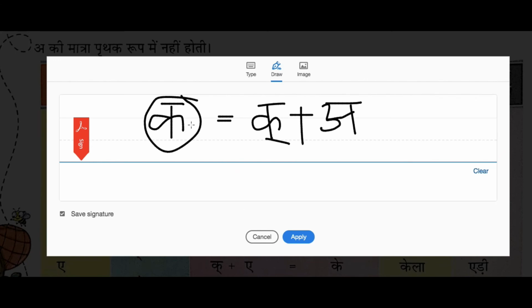Okay, if any matra is there, suppose it's ka, then this will change to a. As per swar the matra will change. If nothing is there, then it will be simply ka plus a.